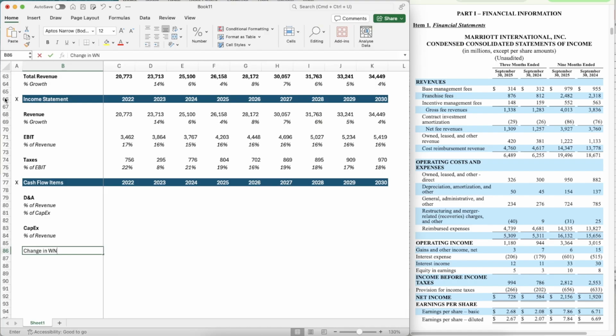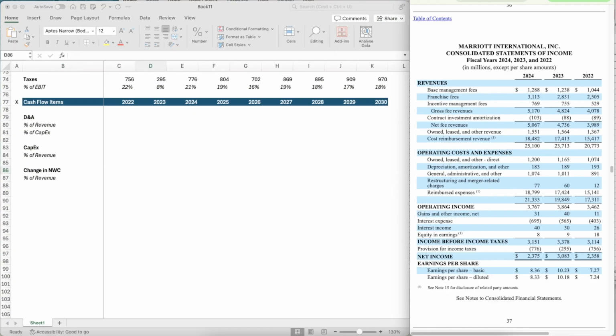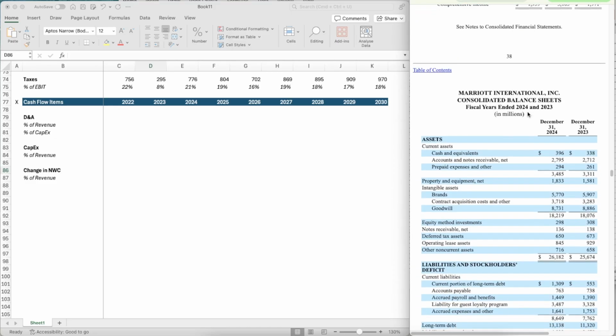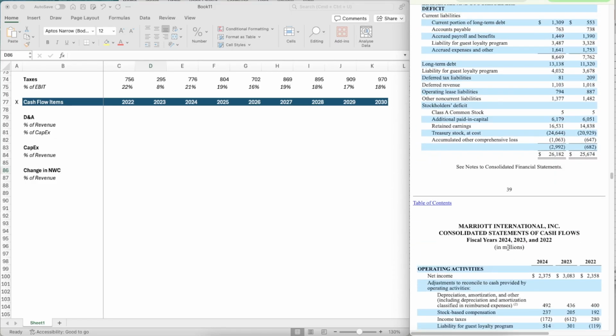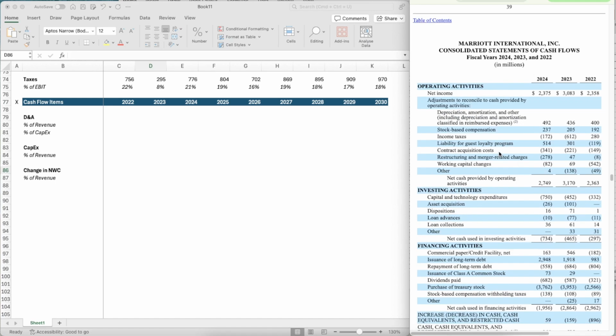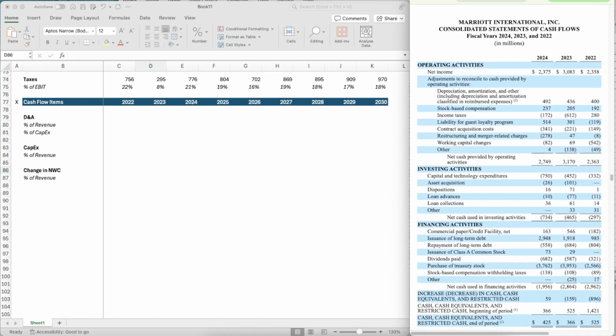We want change in net working capital. Where we find these is we come to the cash flow statement, which normally goes income statement, balance sheet, and then your cash flow statement. So we want depreciation and amortization.